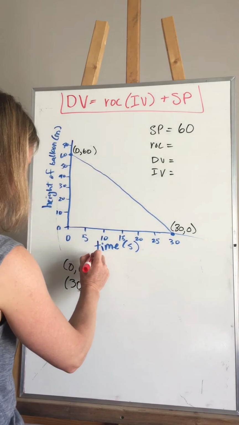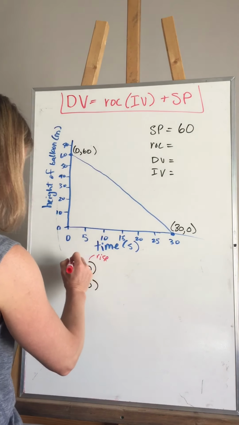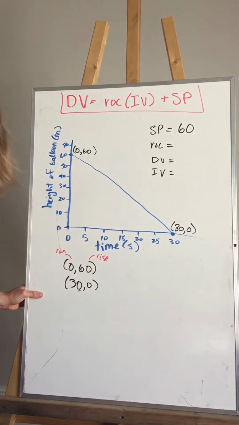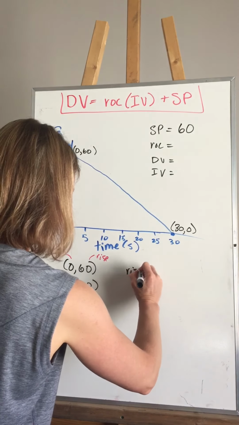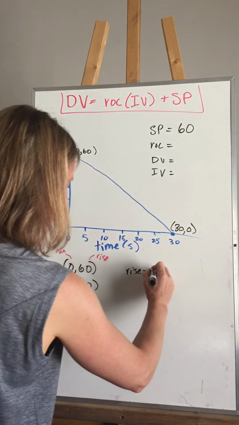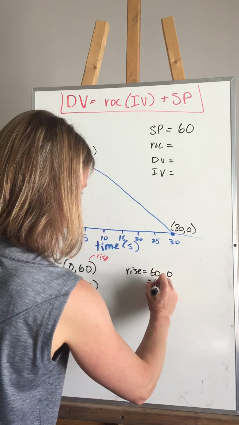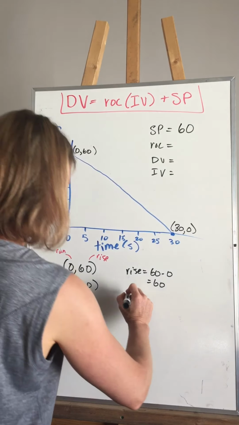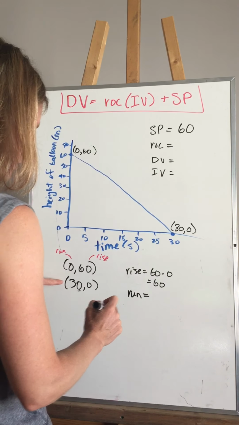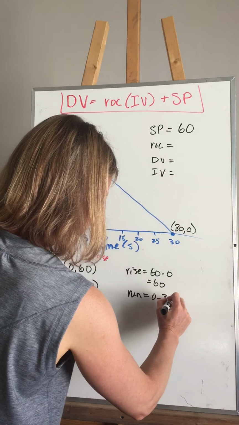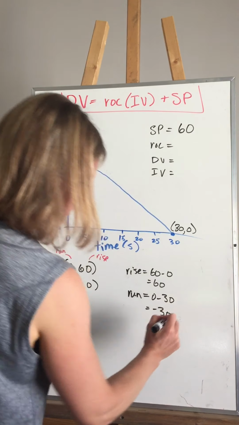This will be our rise, and this will be our run. So my rise is going to be 60 minus 0, so my rise is 60, and my run, always going the same direction, 0 minus 30, so negative 30.